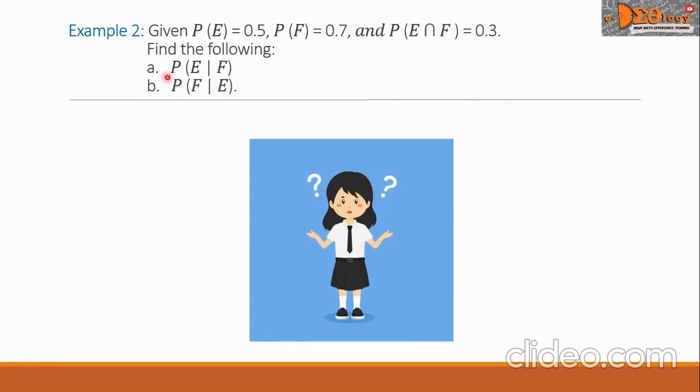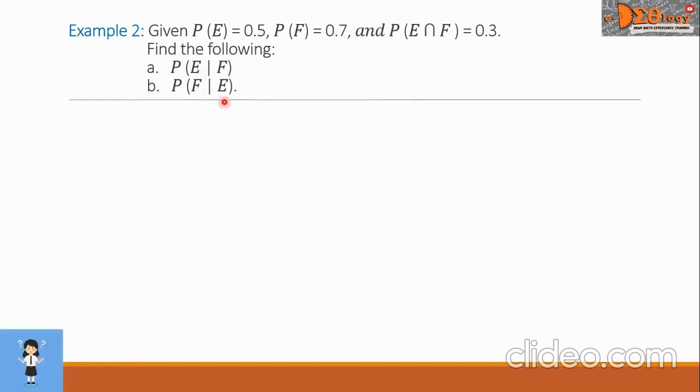Letter A, P of E given F, and letter B, P of F given E. Let's begin with our A.